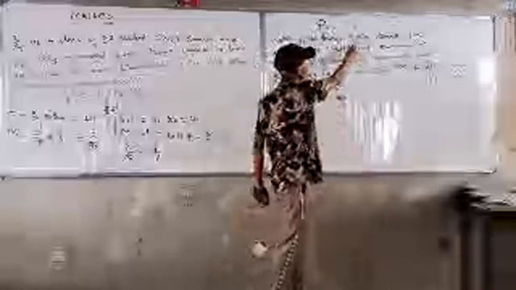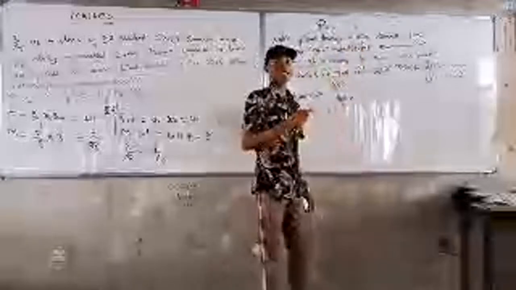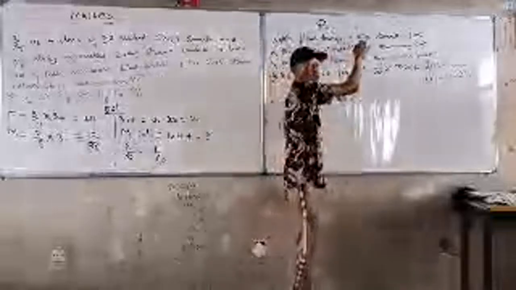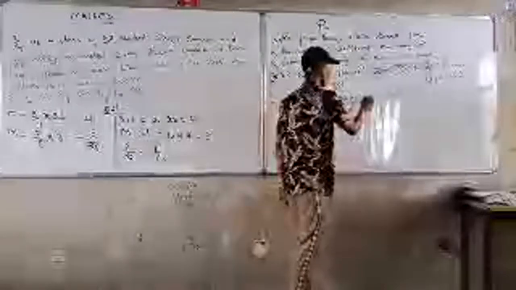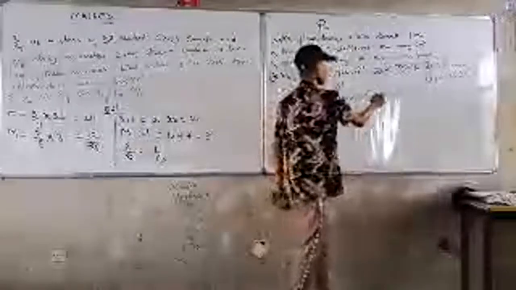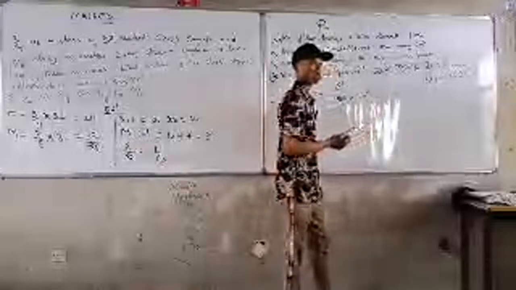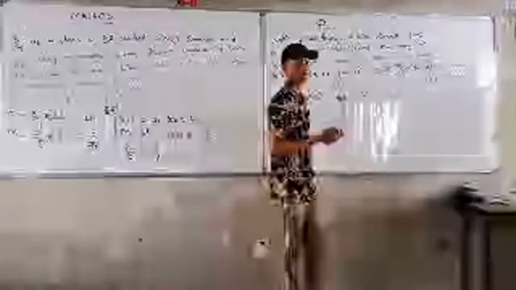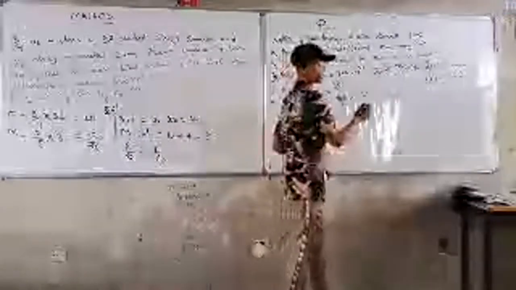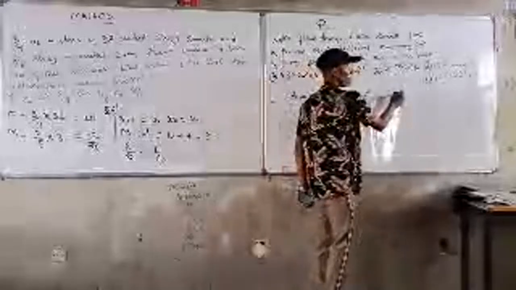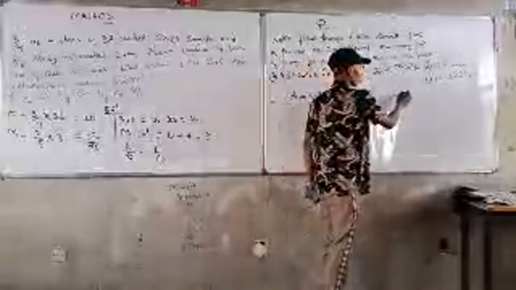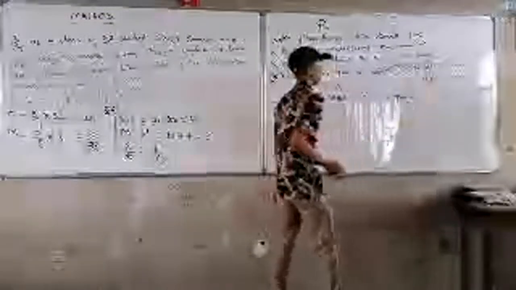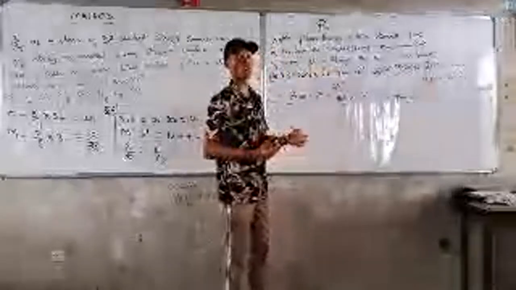You are given the diameter; diameter divided by 2 gives us the radius. So 3 divided by 2 is 1.5, squared. Everything gives us 9.42 cm squared.